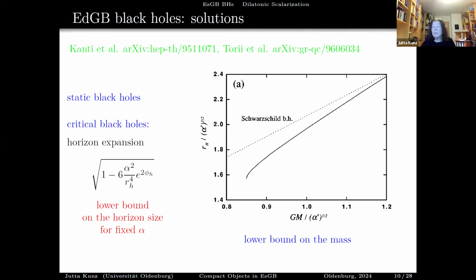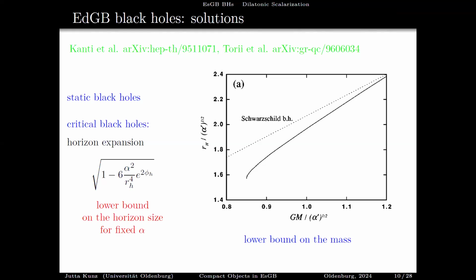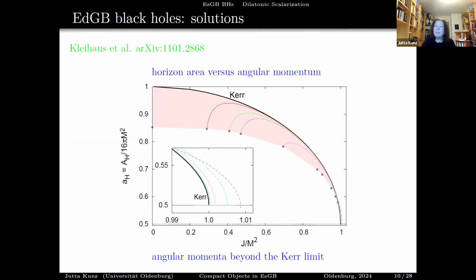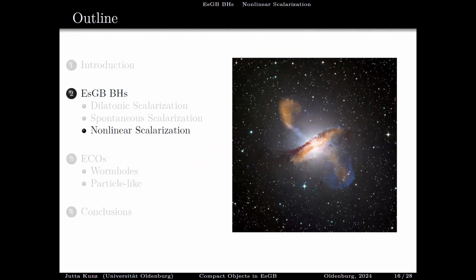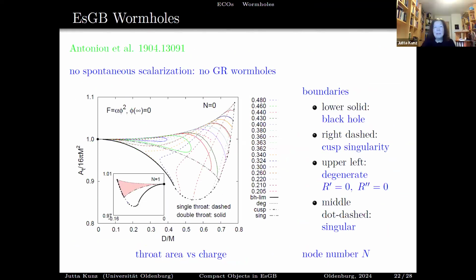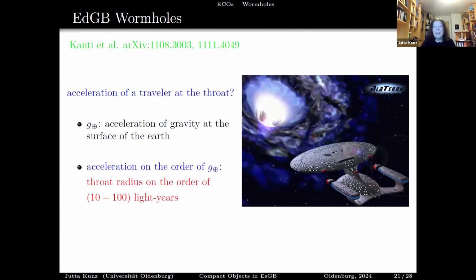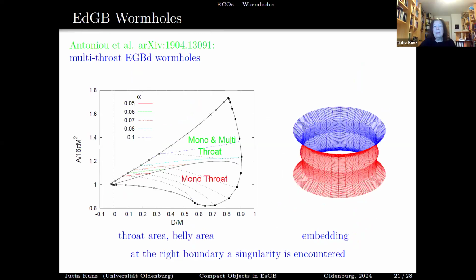To which? I mean the exotic compact object. Right. Oh, yeah. You always see here when you look at the wormholes, here you see where the limits are from the black holes.